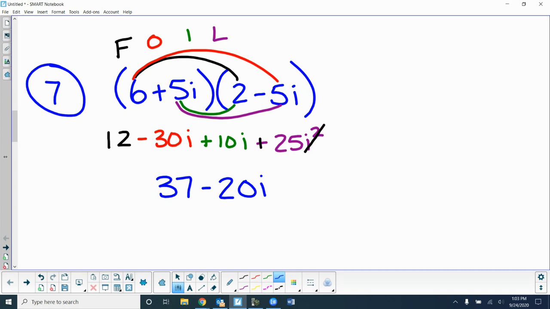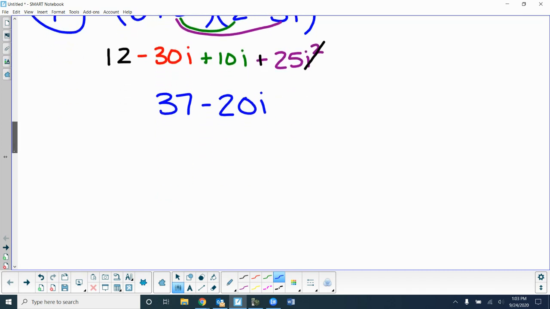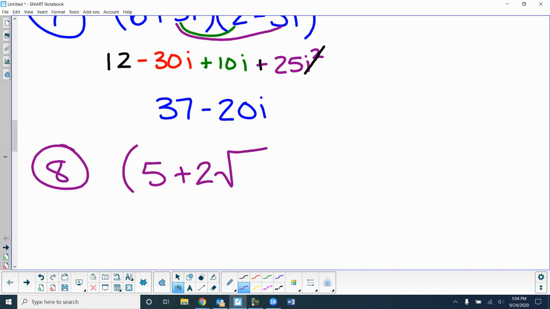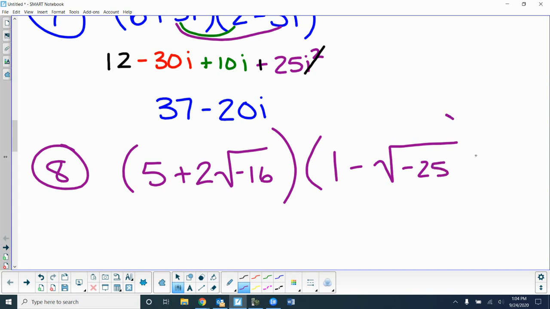Number 8, we can't FOIL right away. We need to simplify first. I've got a number in front of this radical. So whatever I pull out from underneath the radical, I've got to multiply by that 2. That's what I was talking about earlier. Now these are nice because what type of numbers are these?